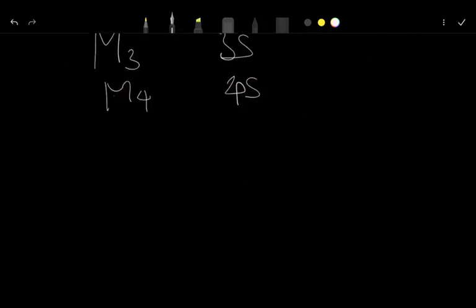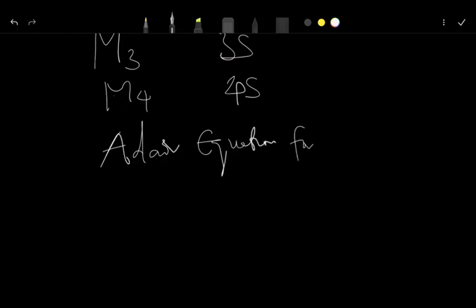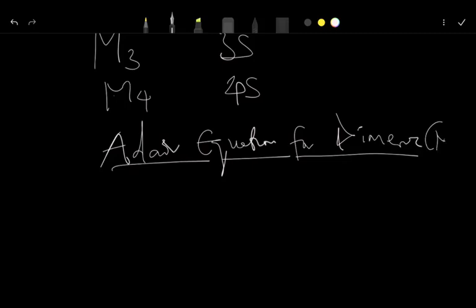So I want to solve the Adair equation for a dimeric protein, meaning an enzyme having two binding sites.